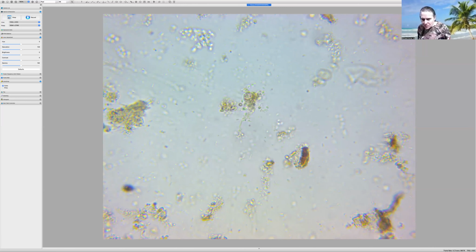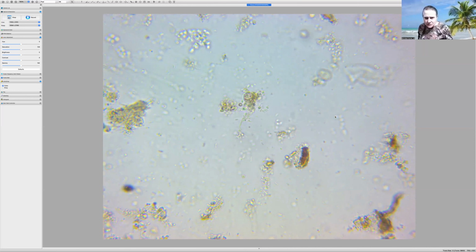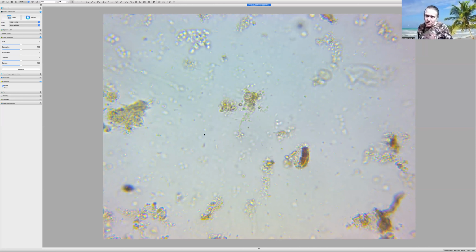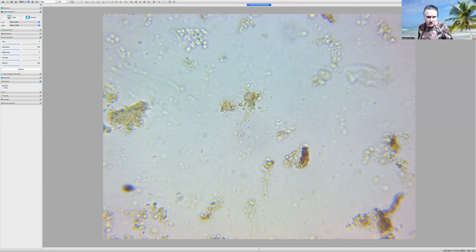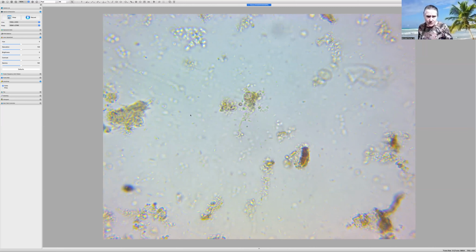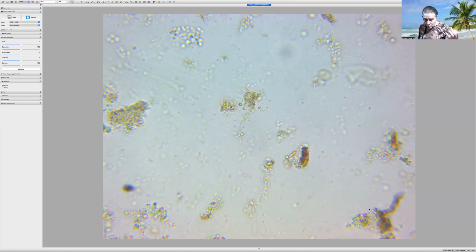This here looks almost like a spirochete that is not active, possibly dead. So you can see how active this sample is, with everybody moving in and out, and the flagellates trying to rearrange these particles, pull them together, and then you'll have the bacteria in there creating the glues to then hold them together.